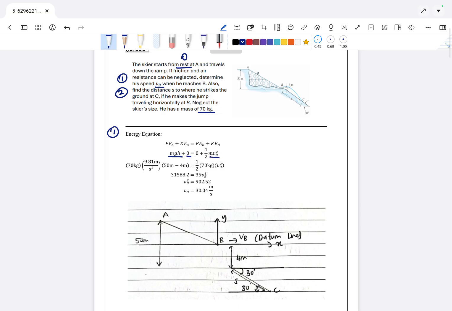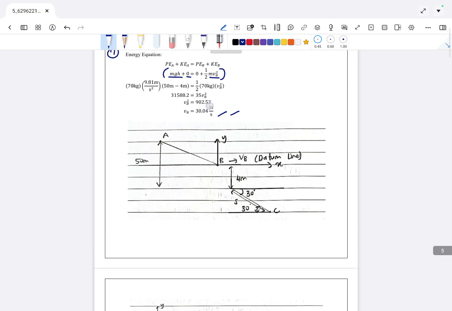So after we write down this equation, we substitute all the values given in this equation. After we do that, we can get the value of velocity at point B, which is 30.04 meters per second. So we have found the answer for VB.